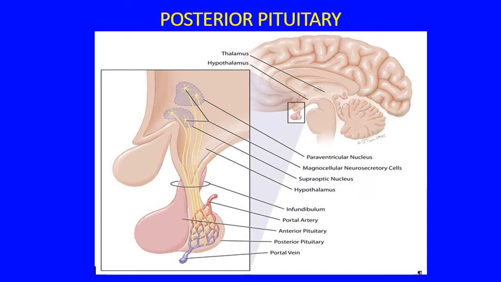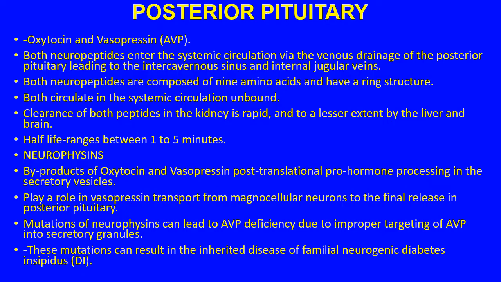We have the infundibulum here. We have a portal artery here, and then you're going to have this capillary network here. And so what's going to happen is the release of these neuropeptides, oxytocin, vasopressin, and then they will be traveling along and eventually enter into the portal vein.